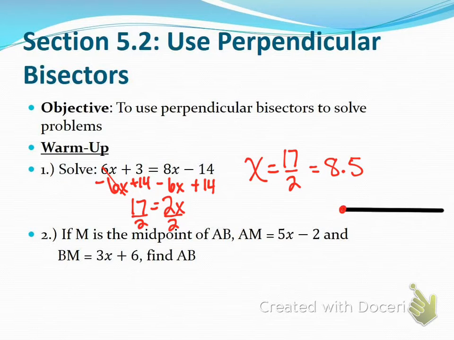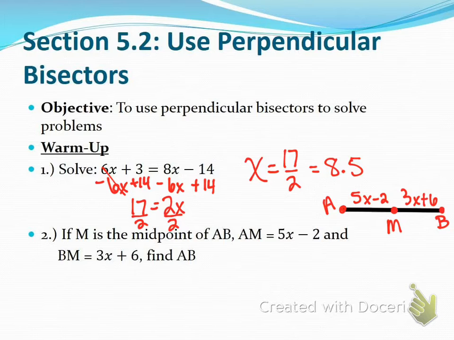We've got a segment AB with a midpoint of M, and they gave us AM and BM. So before we can find the length of AB, it would be helpful for us to solve for what?